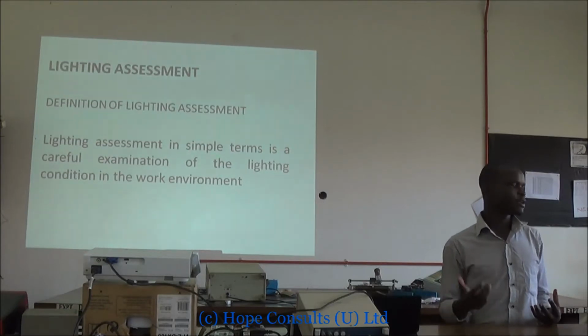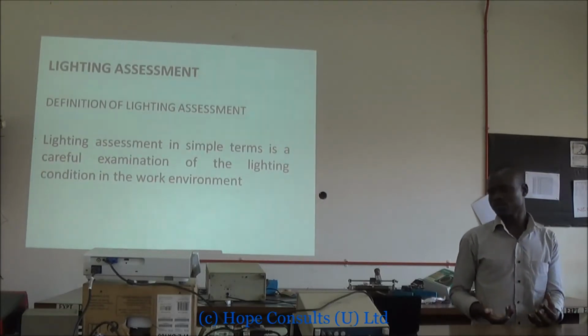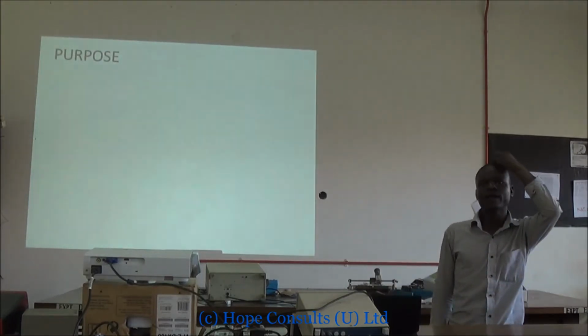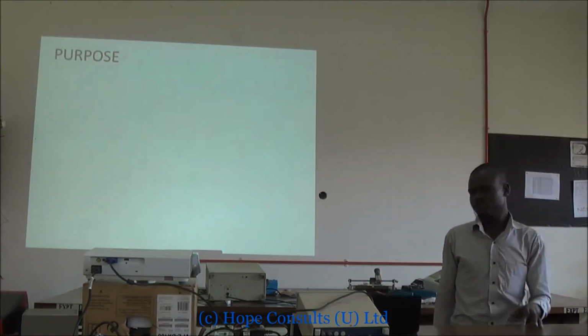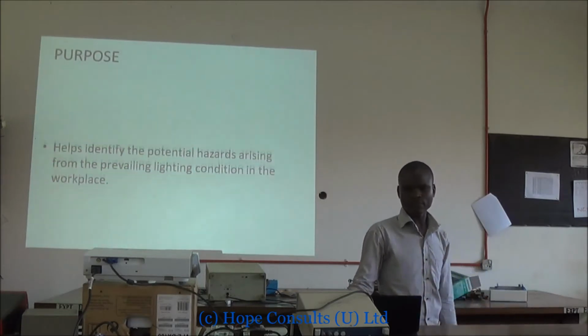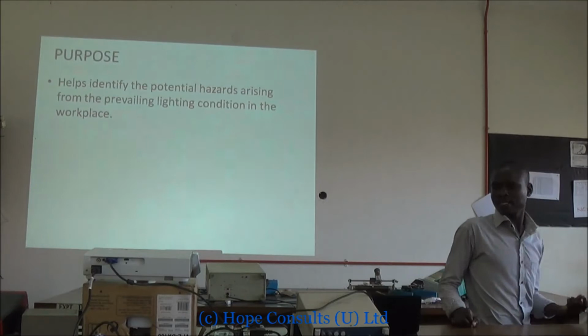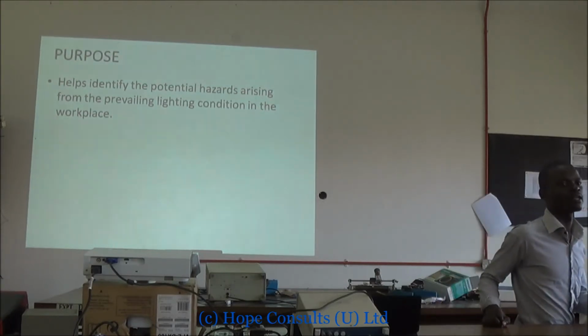But our main direction for lighting assessment is an industry. This is the purpose, or why we carry out lighting assessment. There are various reasons, including the following. The first one is to help identify the hazards arising from the prevailing lighting conditions in the industrial setup.